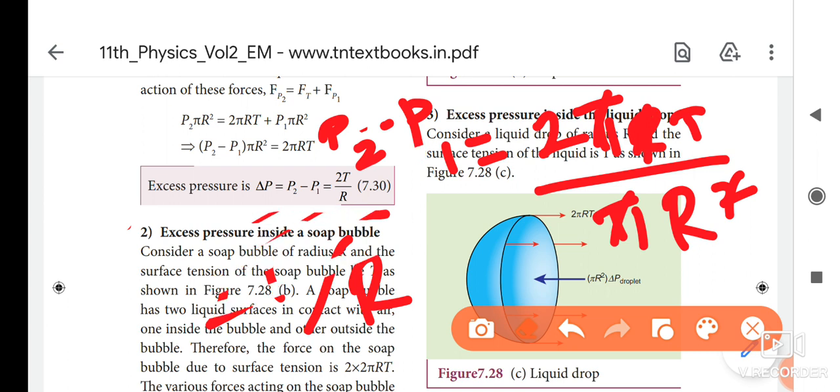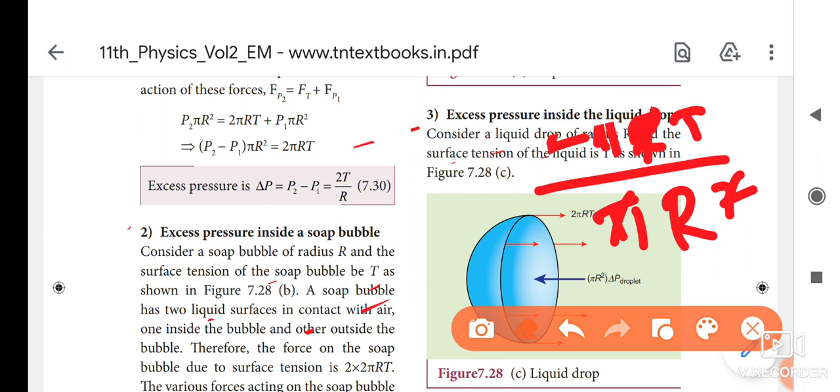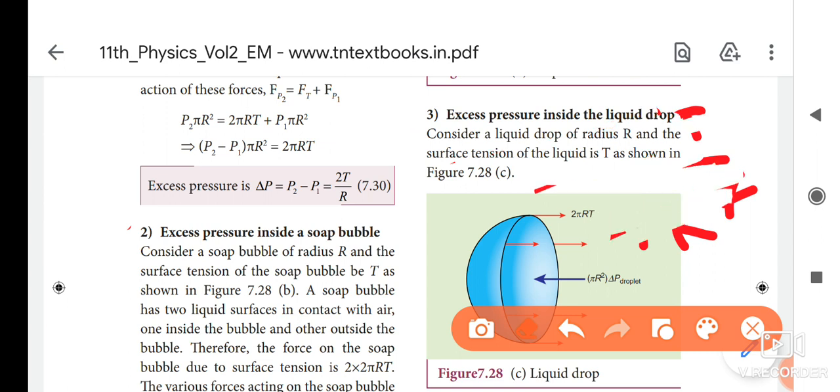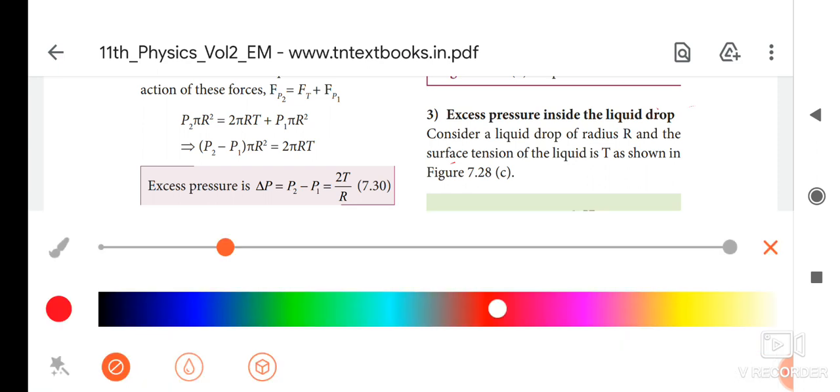Have you all understood? This is the excess pressure. Excess pressure is denoted as del P, that means P2 minus P1, and that value will be 2T upon r.